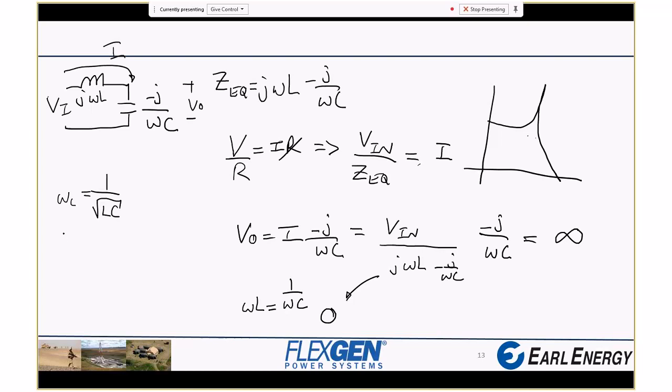This deserves a whole topic. So the corner frequency of this circuit is 1 over the square root of LC. In an RC low-pass filter, that corner frequency is 1 over RC. That's where you'll hear RC time constant every once in a while, also defined as tau, the time constant.